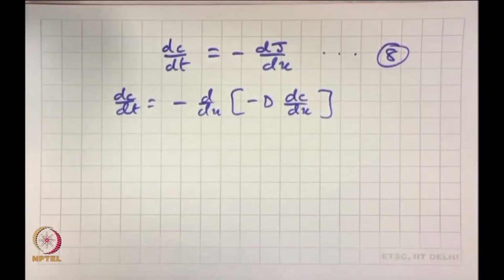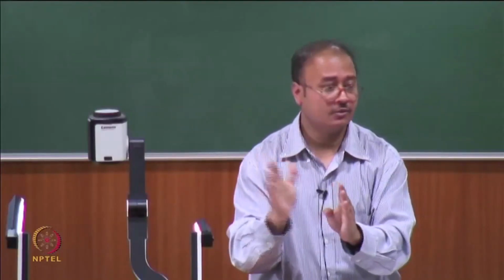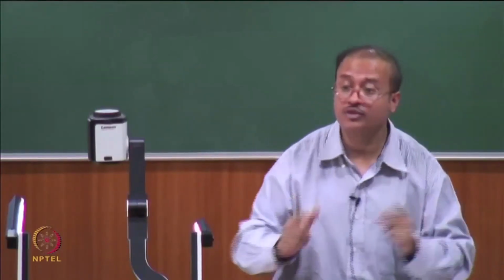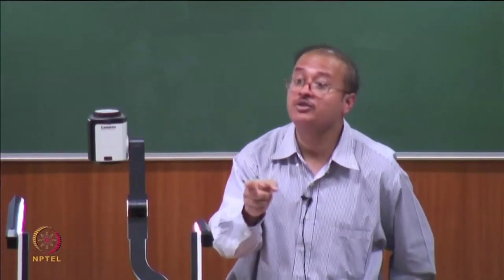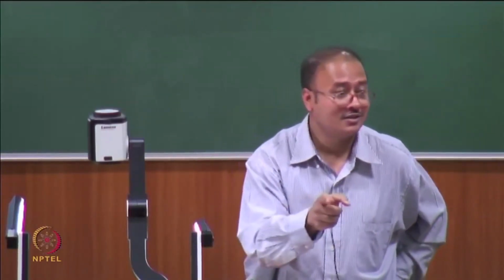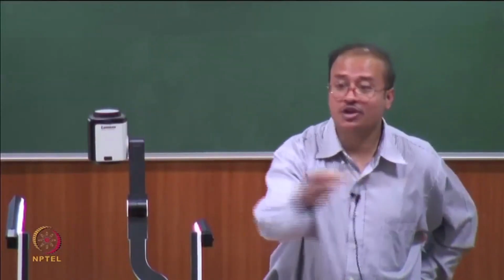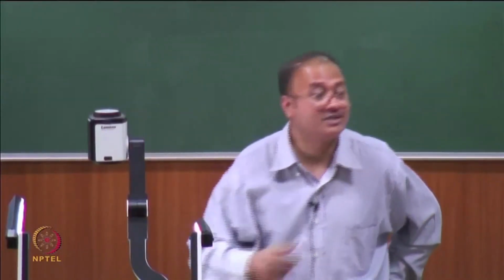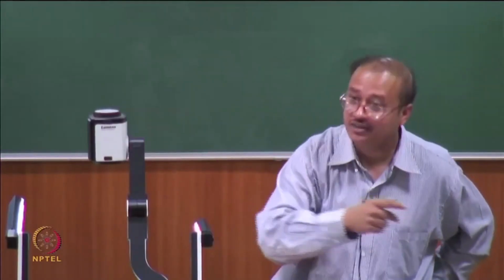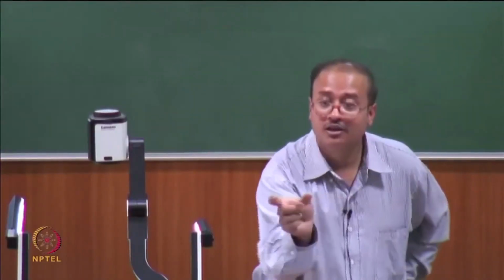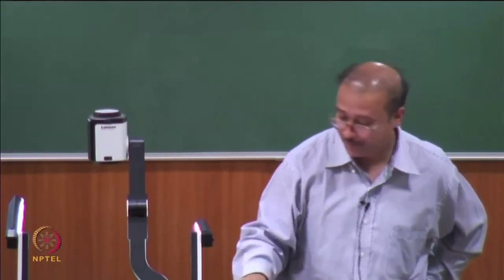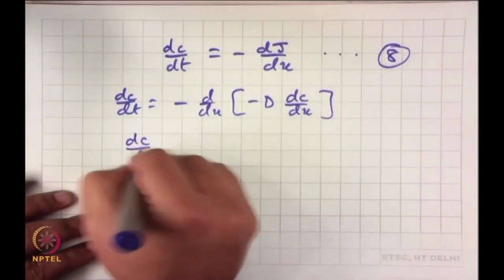Remember, when we talked about steady state, we said that J left and J right are equal. But now we are not saying that. Because it is non-steady state, J left is not equal to J right anymore. Then there is dJ over dx coming in, because that depends upon the length you have traversed. Okay. So, you simplify this, then I have dC over dt.